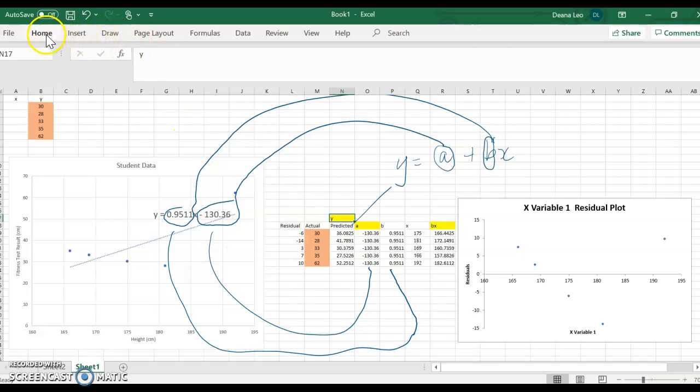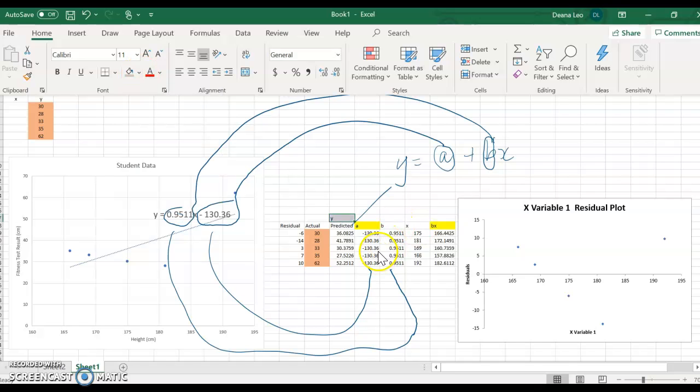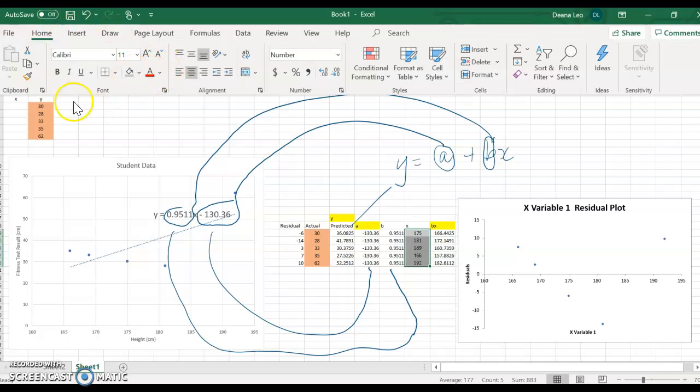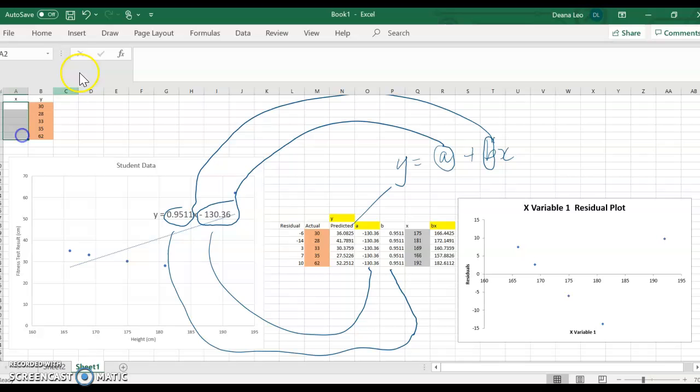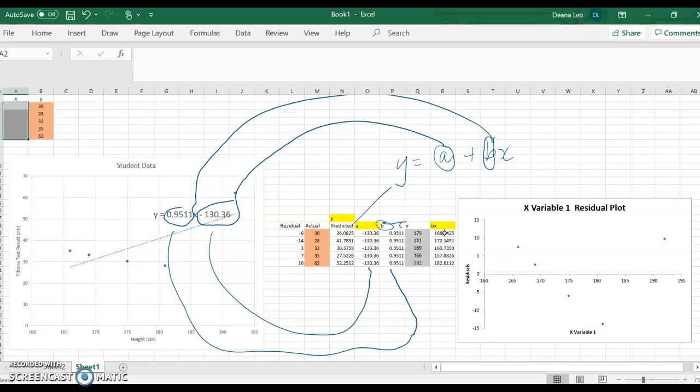And our x's came from there. You have to multiply your b and your x, so your b and your x get multiplied to get that.